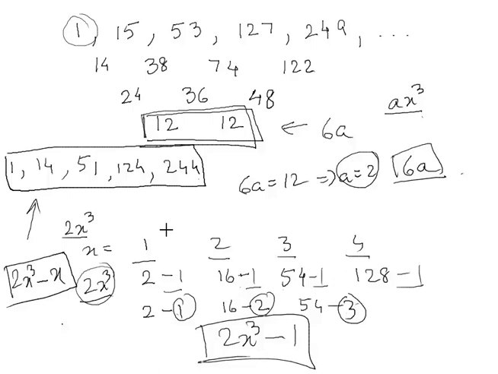And after that, apply the same process. So if you take 2x squared plus 3x plus 2, your second level difference must be constant, and more importantly, the second level difference must come out to be 4. You can verify that.